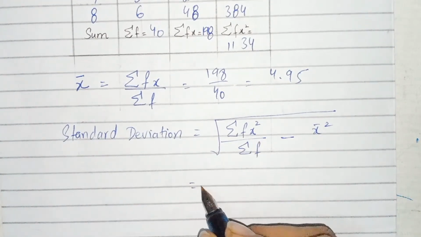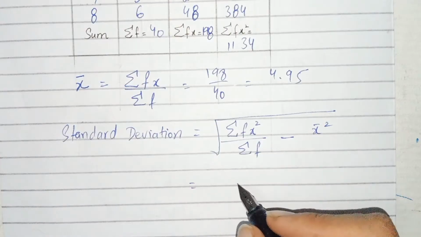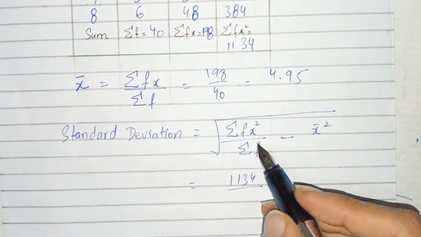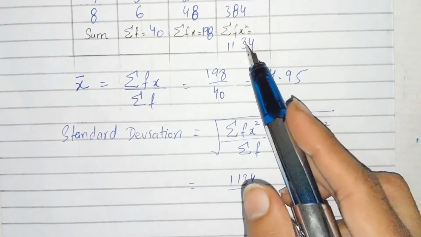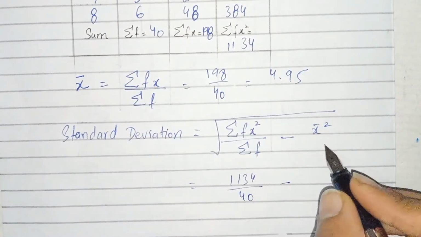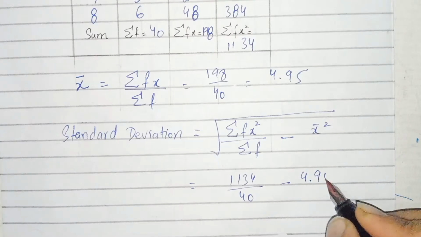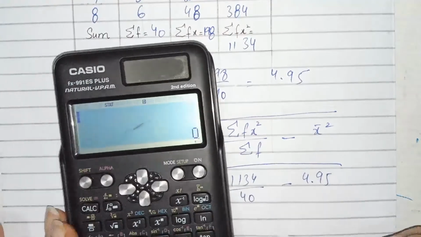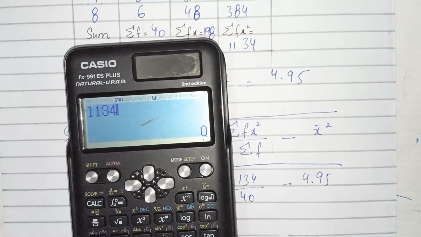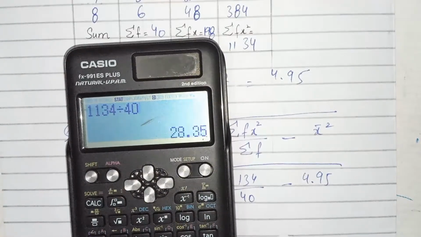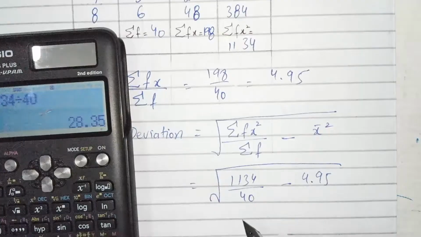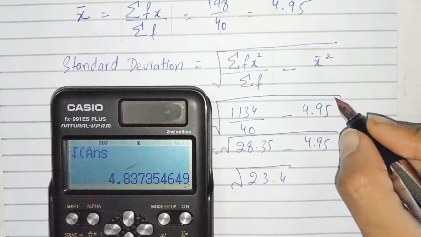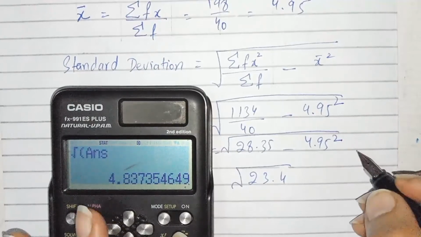The sum of fx square is 1134 and sigma f is 40. We calculate it: 1134 divided by 40, we get 28.35.